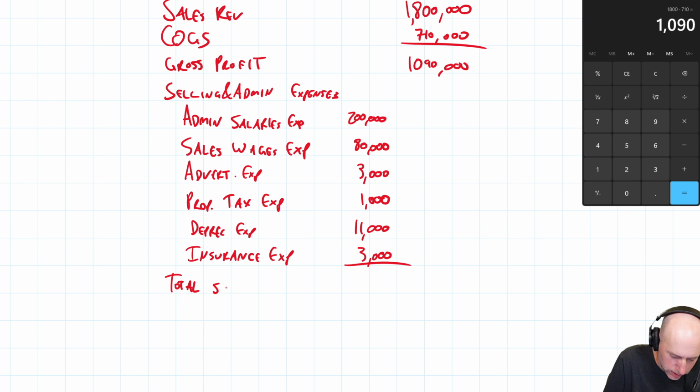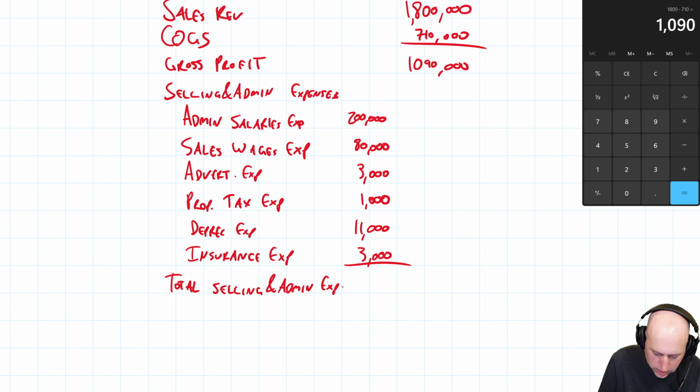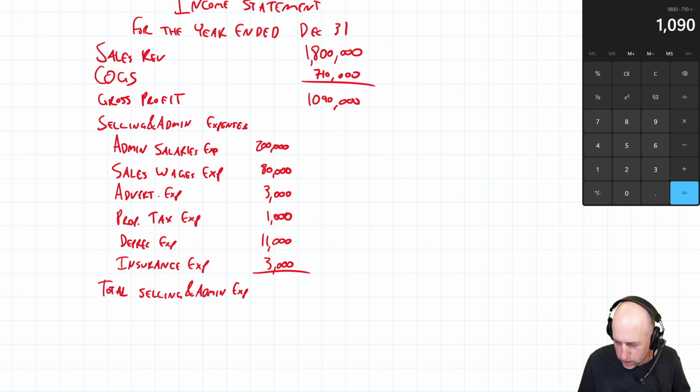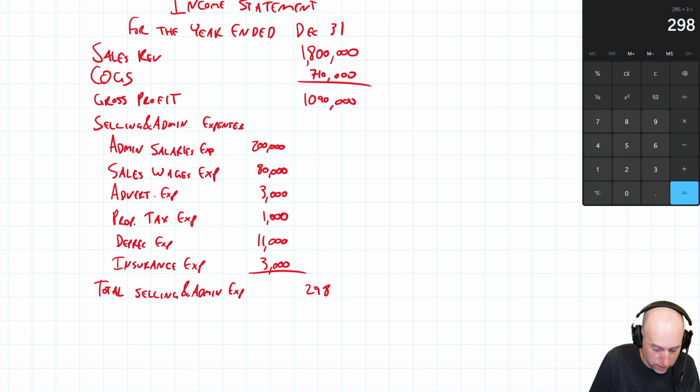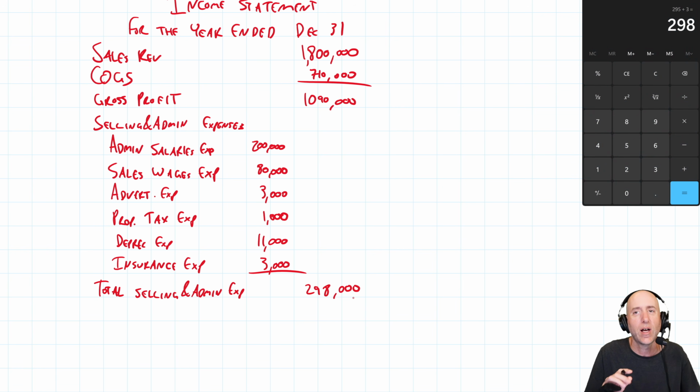Our total selling and admin expenses are 200 plus 80 plus 3 plus 1 plus 11 plus 3, $298,000. We have a very profitable bakery. This is an unrealistically profitable bakery, insanely profitable bakery, in fact, but there you go.